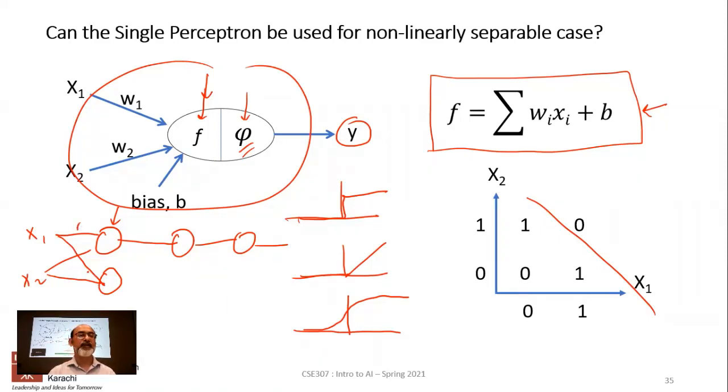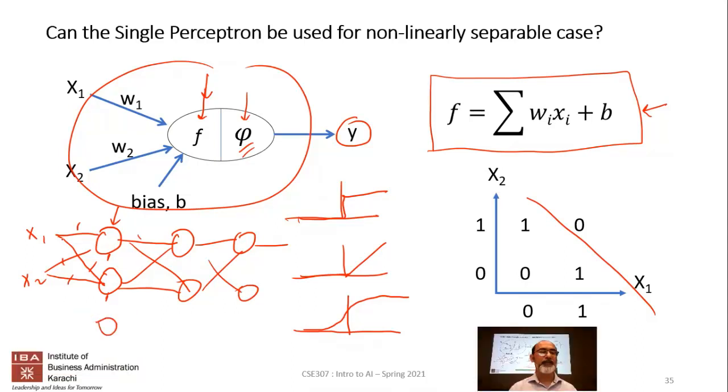All of these weights could now be different, and the bias for each one could be different as well. So you could make it very complex, more and more complex. You could also add more perceptrons at the bottom, another perceptron over here, and so on.